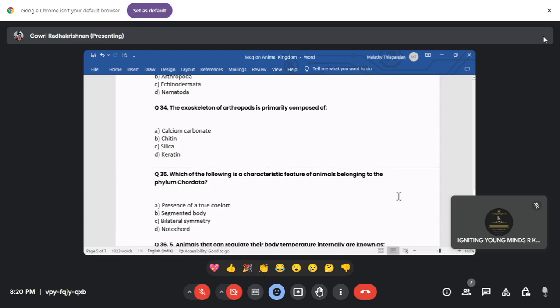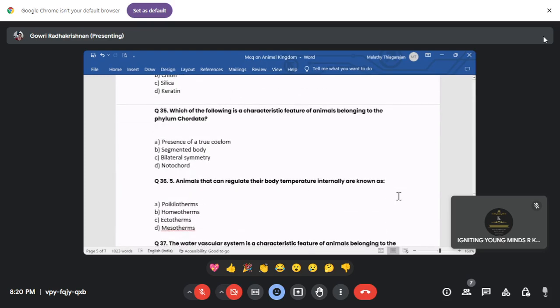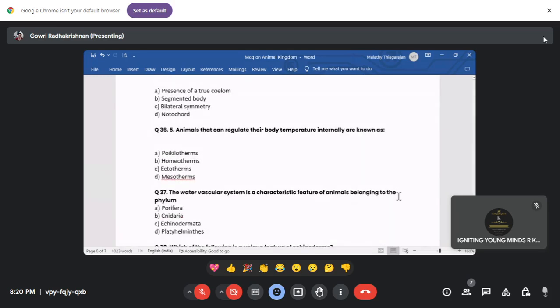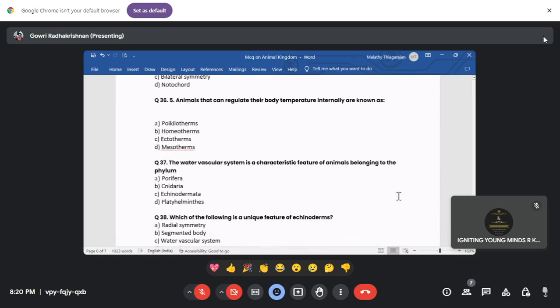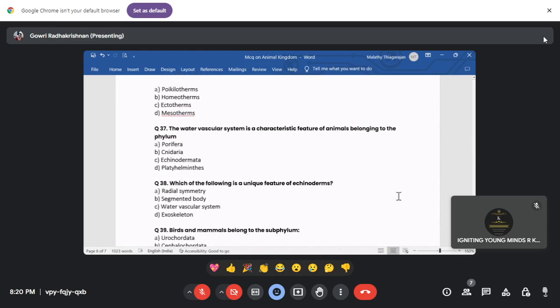Chitin. Yes. Which of the following is a characteristic feature of animals belonging to the phylum Chordata? Again, the same question in a different form. It's notochord, yes, ma'am. Animals that can regulate their body temperature internally are known as? Homeotherms. The water vascular system is a characteristic feature of animals belonging to the phylum? Porifera, ma'am.